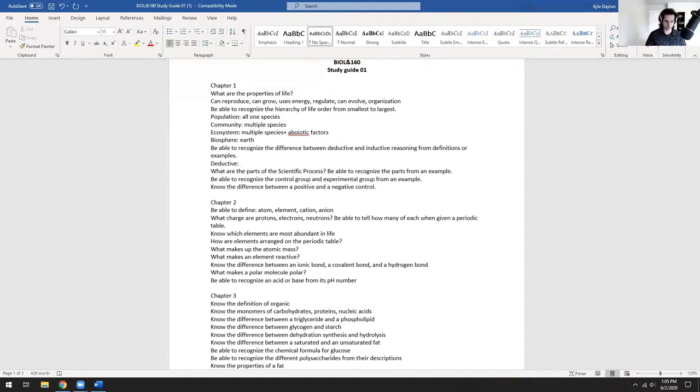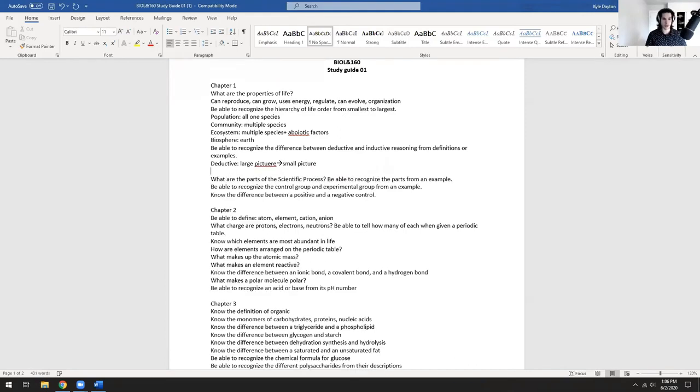So you go from large picture to small picture. And then inductive, this is where you go from small picture. You're collecting data throughout your entire life. So let's say all of the pens you've ever seen have been pink. You use that small window of your own reality and apply that to the universe.